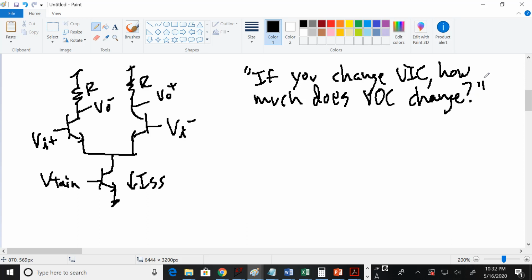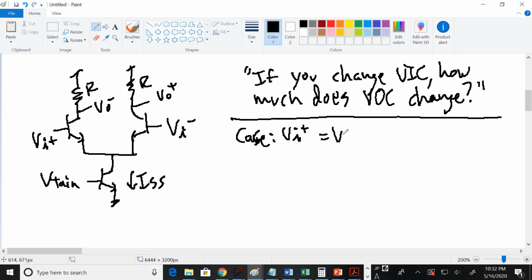Let's see what happens with this passively loaded differential pair. So first of all, let's set the case VI plus equals VI minus. In that case, let's define an I1 and an I2.